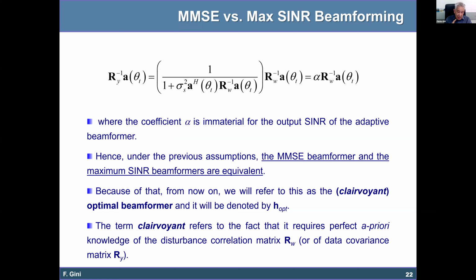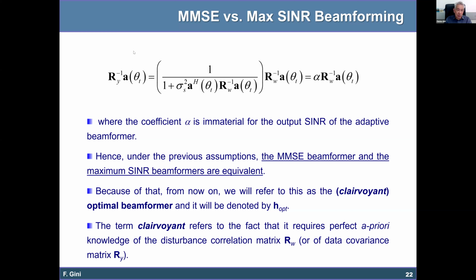Because only when the number n of snapshots tends to infinity, the sample covariance matrix estimate tends to the true covariance matrix. So they are equivalent, but only asymptotically.